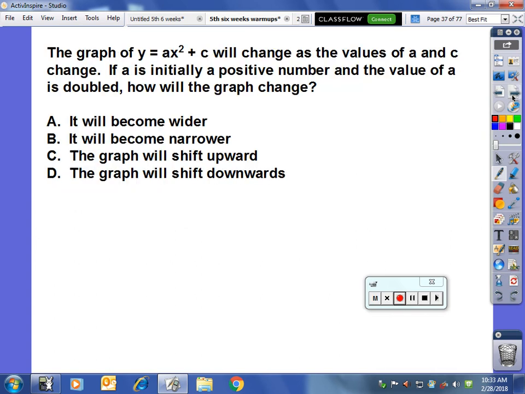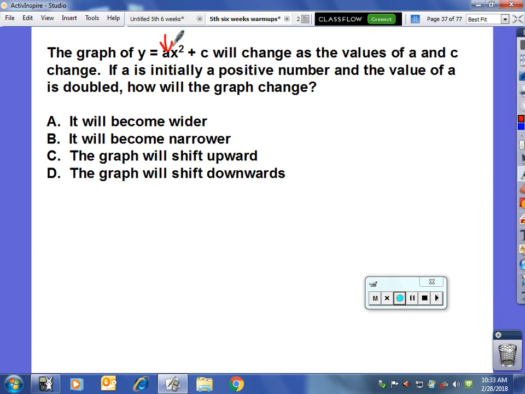All right, look at this one, folks. This one's not linear, but I want you to make sure you remember these as well. Instead of looking at the slope change, they're looking at the effect that A has on it when you change it. What do they want to do to A? They want to double it, not square it.